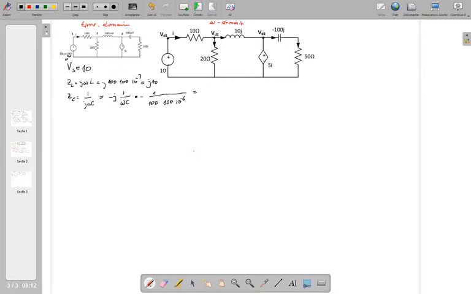So you end up with minus j100. So the impedance of the capacitor is minus j100. You can always say that the capacitor impedance's sign is always negative and the inductor impedance's sign is always positive.